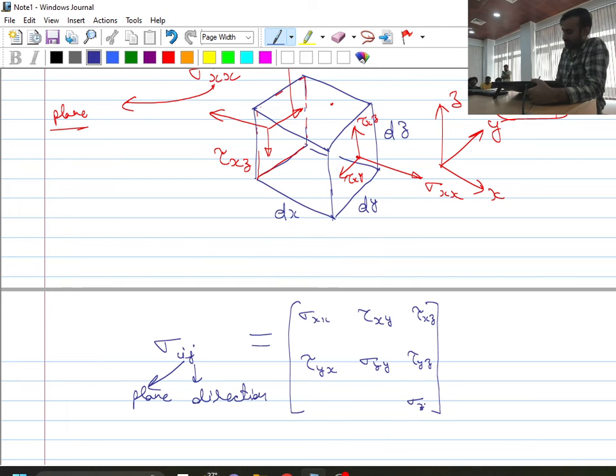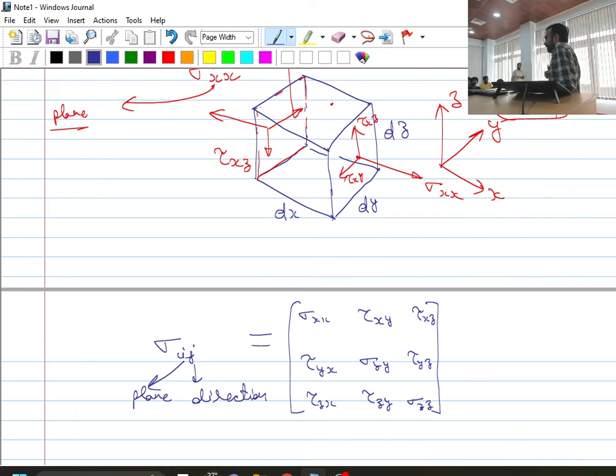Then here I will have sigma zz and tau zy. So this is how I can write down my stress tensor. It means that before knowing the forces, I must know my stress tensor. At the moment I am writing it in the generic sense.